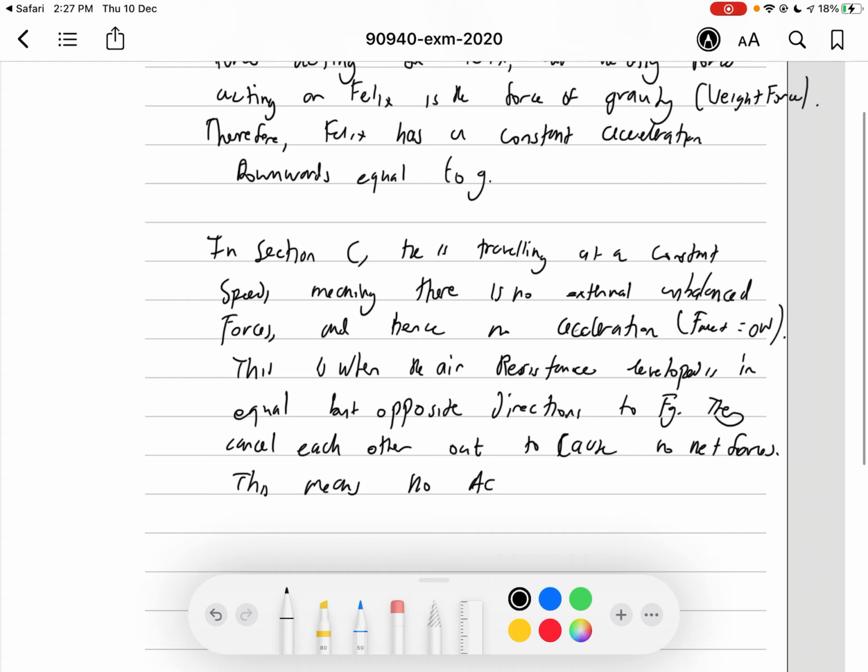This means no acceleration. So you can say this is the maximum speed, also known as the terminal velocity.